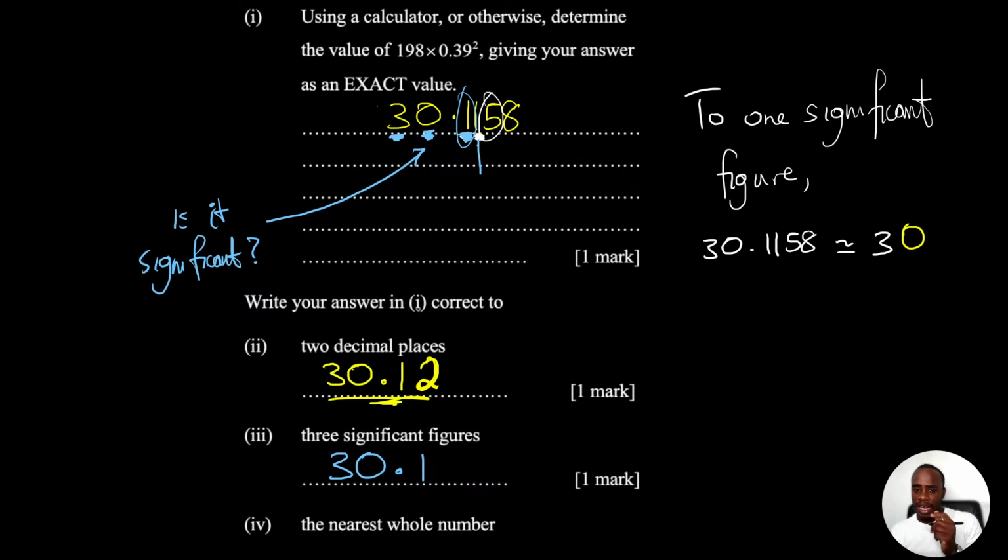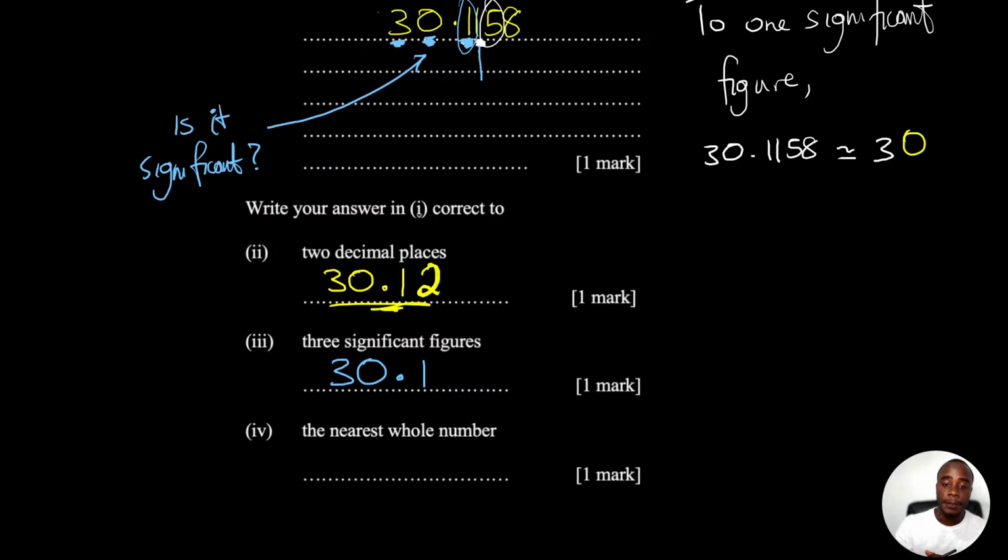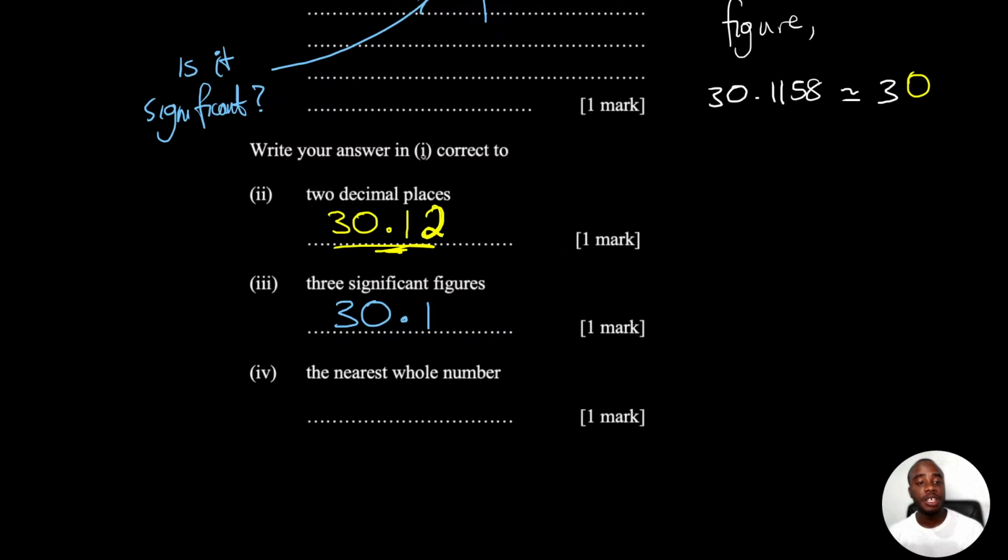Keep that in mind, because that's a common issue that I always see. All right, finally, to the nearest whole number. Reasonably, we realize that it would be 30. So the nearest whole number would be right here, and that would be our solution for this question.